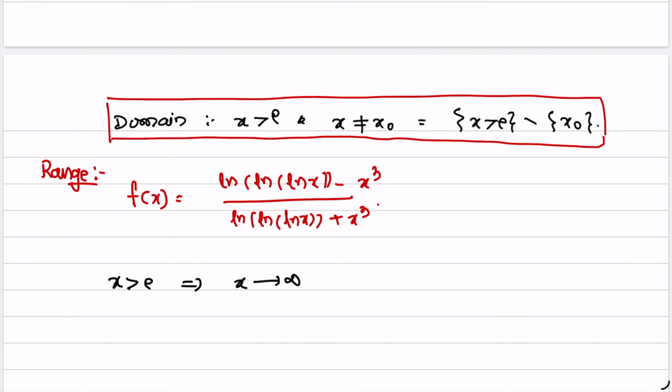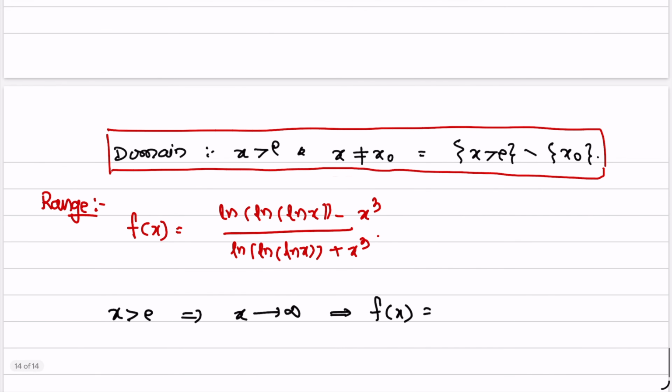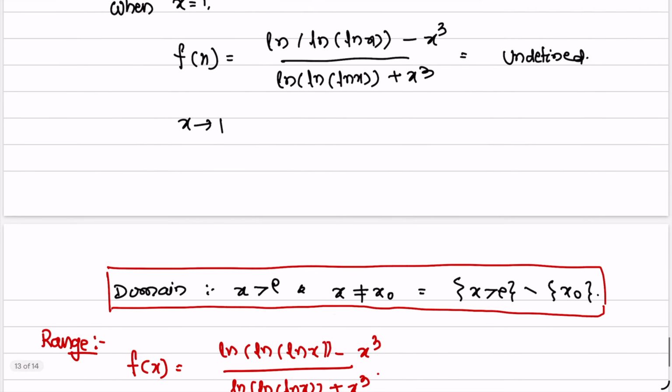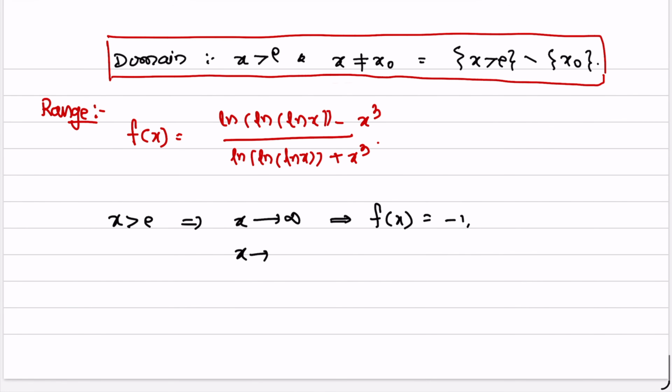When x tends to infinity, it implies f(x) is equal to minus 1. When x tends to e to the power of e, that implies f(x) is equal to minus 1. That means minus 1 is in the range.